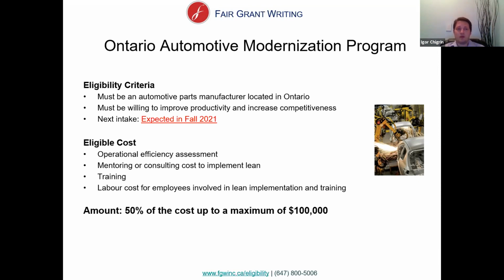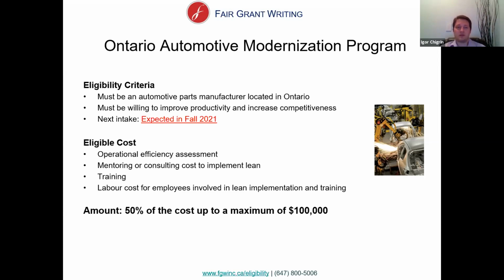As part of eligible expenses, lean training and operational assessment to improve productivity and implement lean tools are eligible under this program, as well as the labor cost of employees that are involved in lean implementation and training.